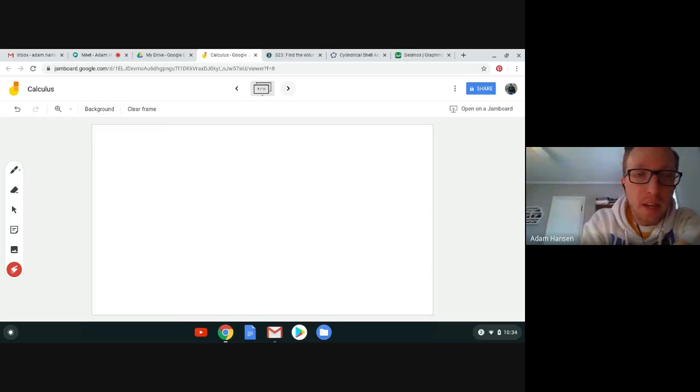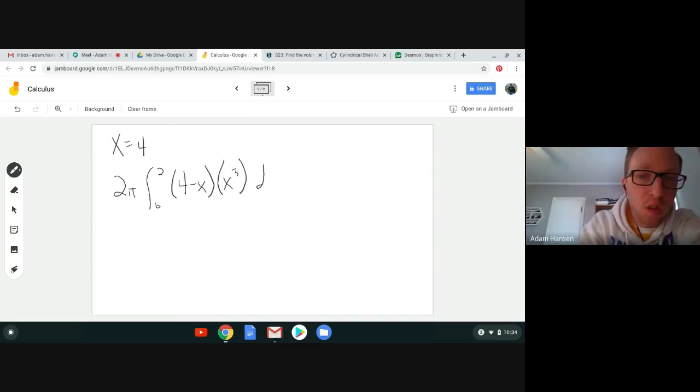So for the line x equals 4 as our axis of rotation, we have 2 pi times the definite integral from 0 to 2 of our radius 4 minus x times our height x cubed dx.